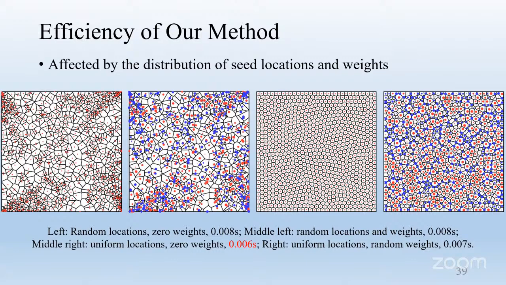Here are the tests for typical configurations in the 2D case: random locations with zero weights, random locations with random weights, uniform locations with zero weights, and uniform locations with random weights. We can see that the computation time is the lowest when we have uniform locations with zero weights. The surface and the 3D cases show a similar conclusion.